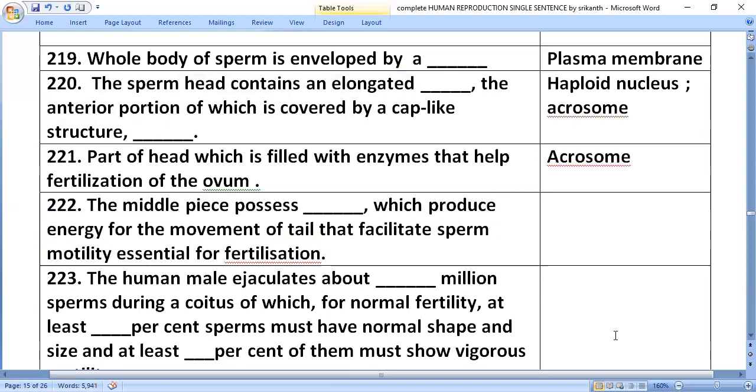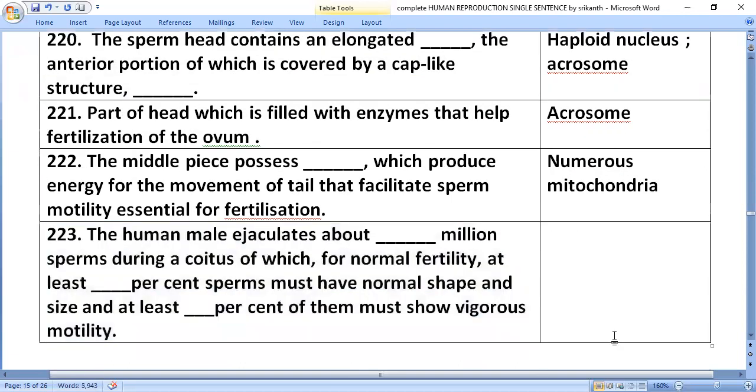The middle piece possesses numerous mitochondria, which produce energy for the movement of the tail that facilitates sperm motility, essential for fertilization.